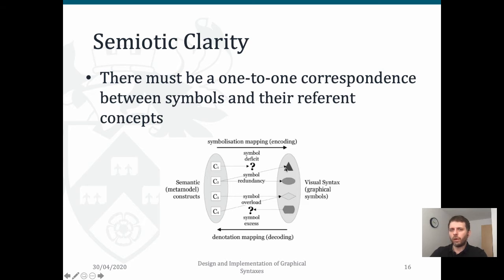We want to avoid symbol redundancy, so having multiple symbols for the same construct. So here we can see how C can be represented in terms of the graphical syntax, both as a triangle and an ellipse.